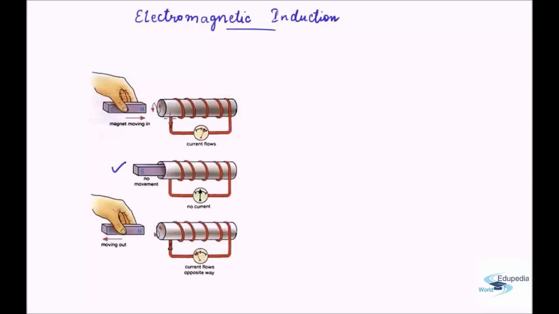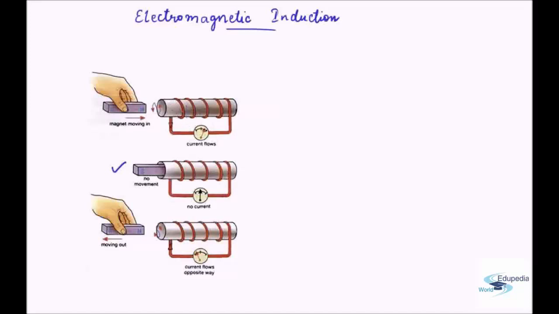The conclusions that can be drawn from these observations are: a current flows in a coil only when there is relative motion between the bar magnet and the coil. The direction of the current can be reversed by reversing the direction of motion. Another thing he observed was that the stronger the bar magnet, the more the deflection, meaning more current is generated.